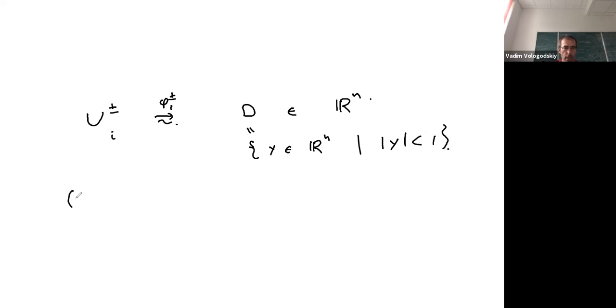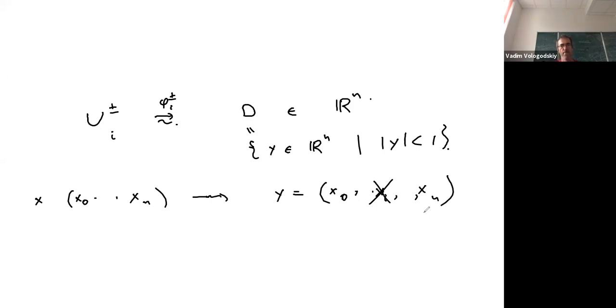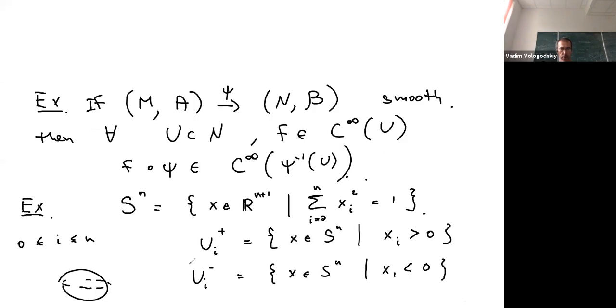And the map takes (x0, ..., xn) and sends it to y equal to (x0, ..., xn) with xi skipped here. So you just discard one of the coordinates. Geometrically, you take this upper hemisphere and project it to the xy plane.